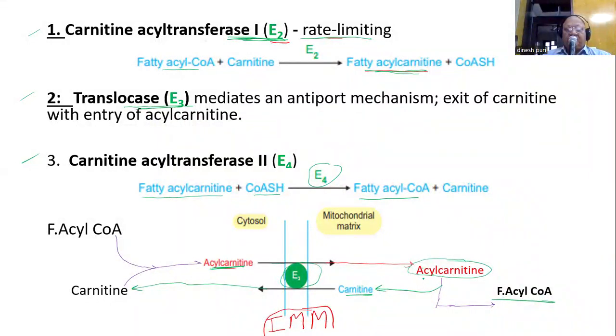So by sequential action of an enzyme, an antiporter, and another enzyme, fatty acyl coenzyme A has been transported into the mitochondrial matrix where it will undergo beta oxidation. So this is all about the carnitine shuttle.